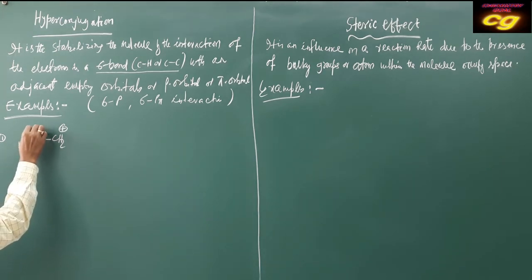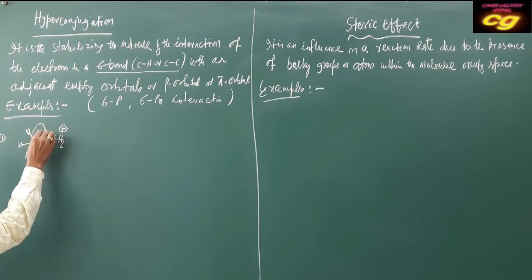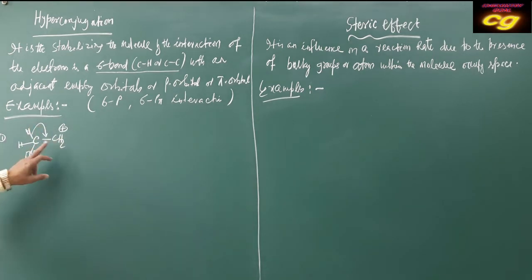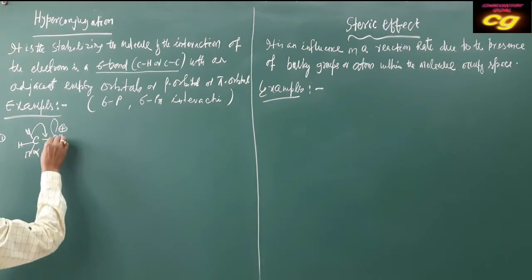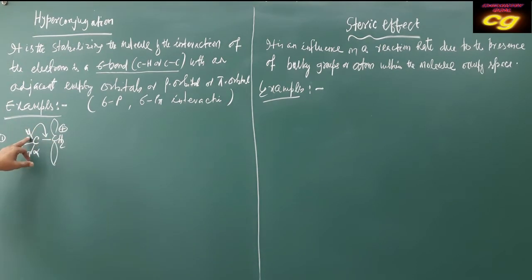It is involved in the interaction with the adjacent vacant p orbital of the carbon atom. As the carbon carries a plus charge, it has one vacant p orbital. This vacant p orbital overlaps with the sigma bonded orbital, forming a pi bond.